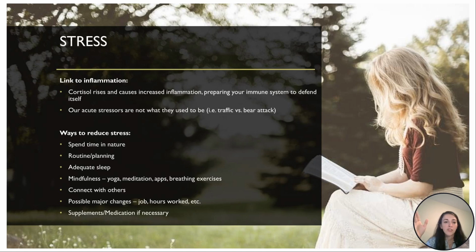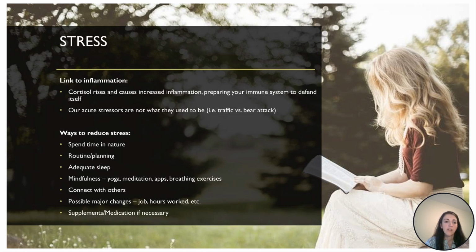So anyway, spending time in nature, getting a routine and planning works for a lot of people, just being in control of what you can be in control of. Protecting your sleep helps you be more resilient later. Mindfulness exercises like yoga and meditation, breathing exercises can be very helpful as well.